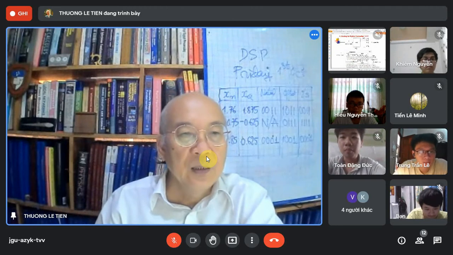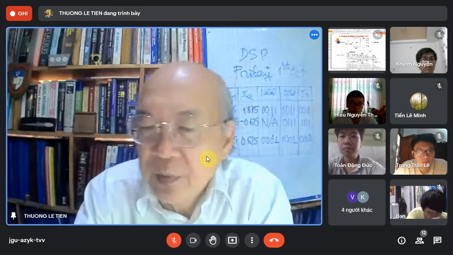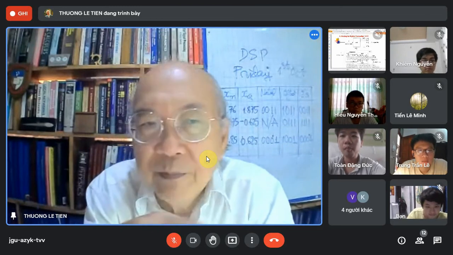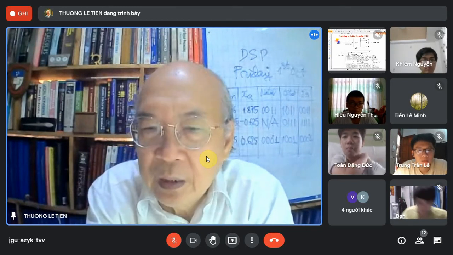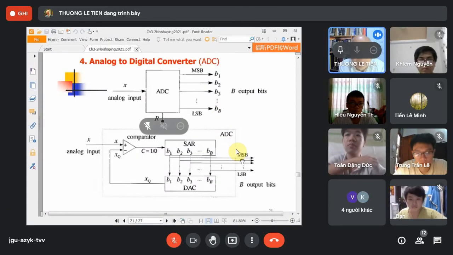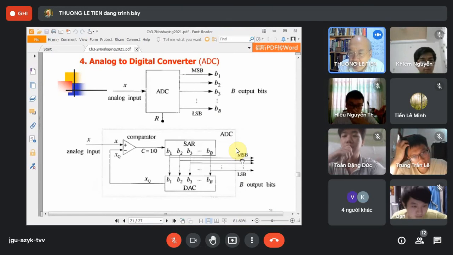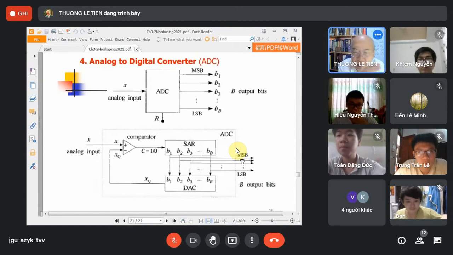Okay. And this one just shows you the block diagram of a system, how the circuits work for an ADC conversion. This is the block diagram that the IC circuit would be based on for ADC conversion. This one, you learn in digital circuits or electronic circuits.